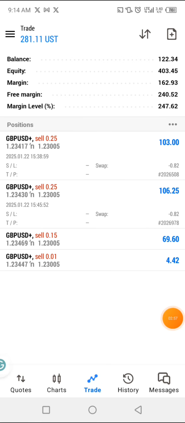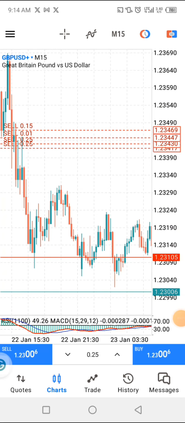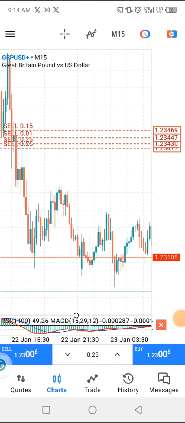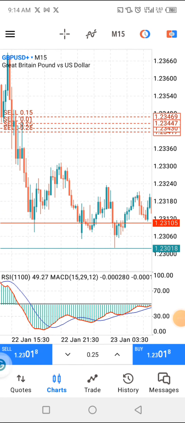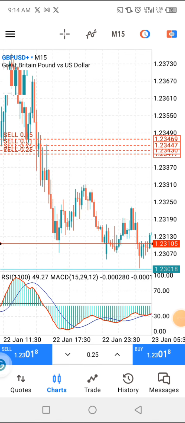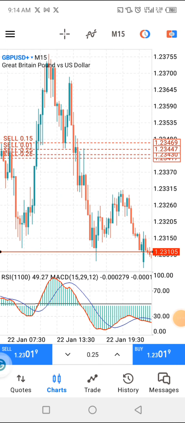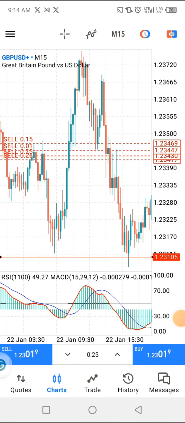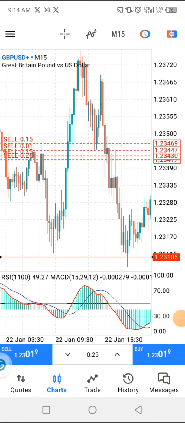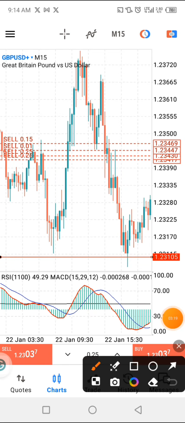So guys, let's just quickly get to the strategy. I have a very simple setup that lets me enter the market. A very simple one. It helps me enter the market at the right time.